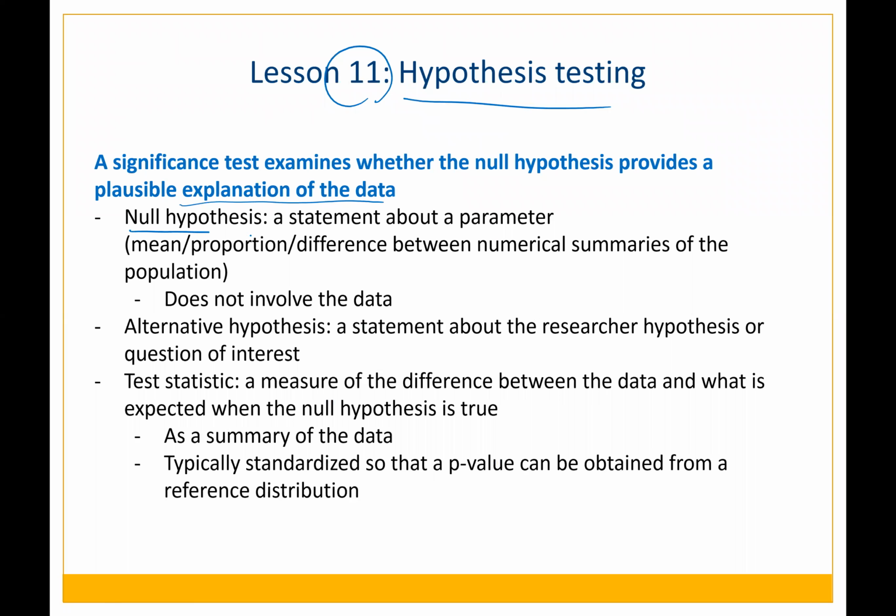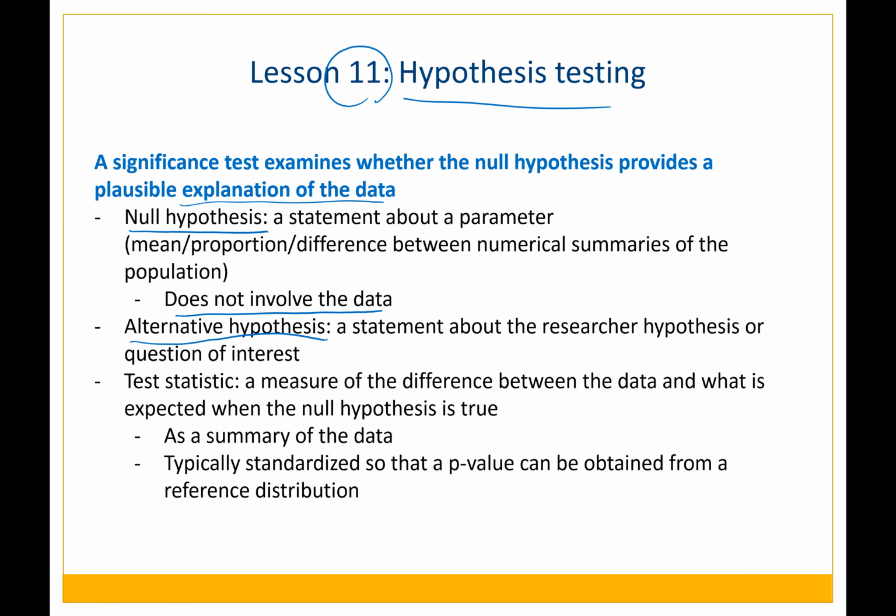The null hypothesis is a statement about a parameter or one of the population's values, and it does not involve the data. So whatever is stated in the null hypothesis is something like the population mean or population proportion, and will never be the sample statistic.